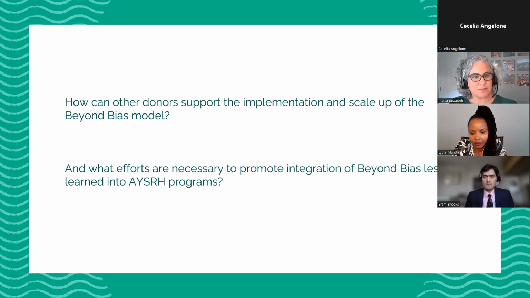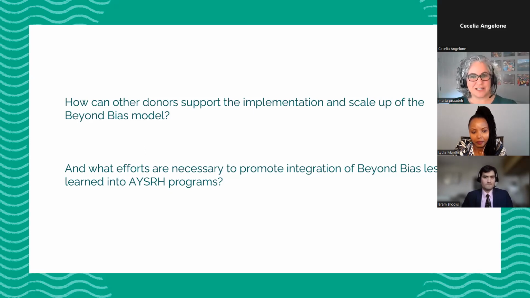But as we think about scale up, we acknowledge that bias is a complicated issue and there is still much work to be done. And since we are here to discuss the how-to guide, adaptation, and implementation in different contexts, I'd love for us to think about future opportunities, which of course we know require donor commitment and support.